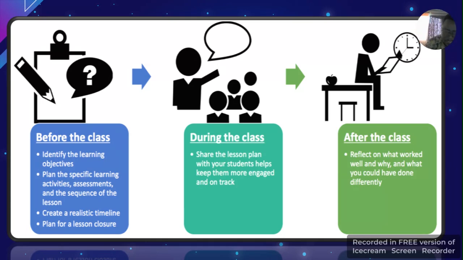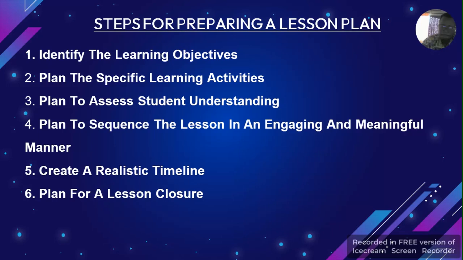Then during the lesson, share the lesson plan with your students, and this will keep them more engaged and on track. Then after the class, reflect on what worked well and why, and what you could have done differently. So these are the strategies you must adopt when planning a lesson effectively.